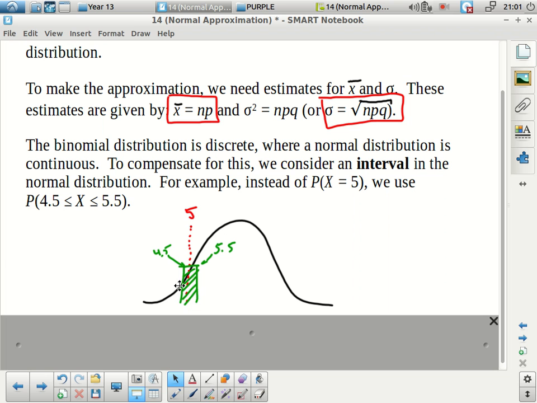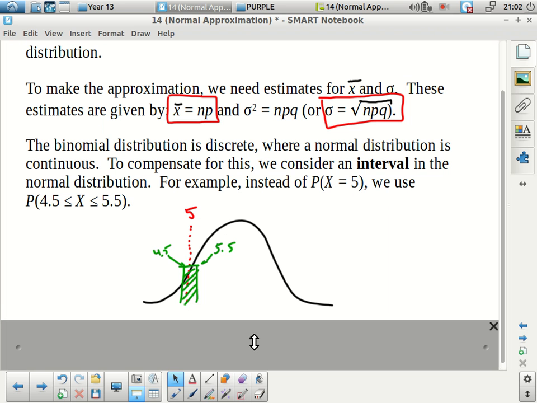So to make a perfectly spaced bar, I'm going to go half this way and half that way. Just like 4 would be between 3.5 and 4.5. So the shaded area in that range from 4.5 to 5.5 is going to represent the bar that would represent a value of 5. We'll work through a couple of examples. Hopefully that will show what's going on.